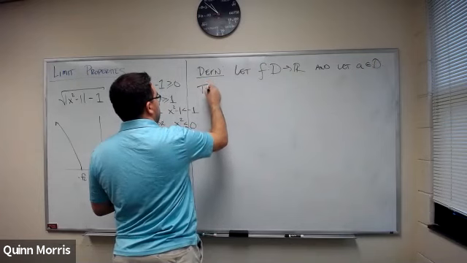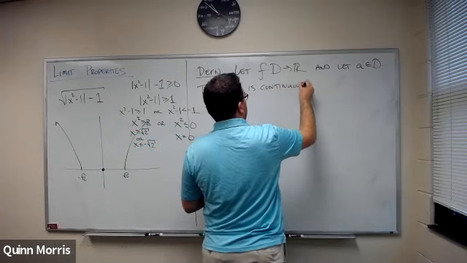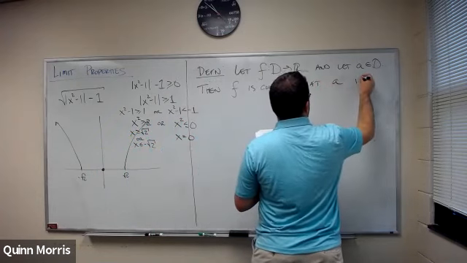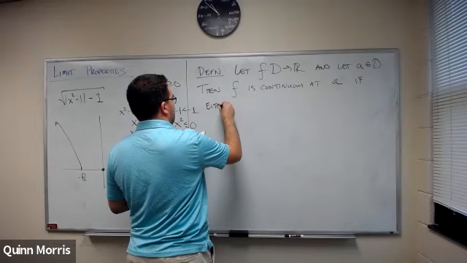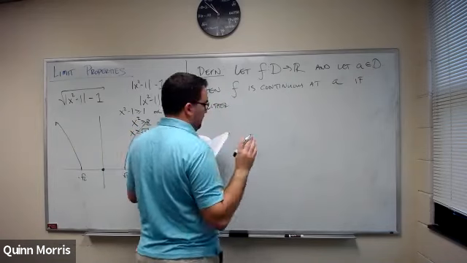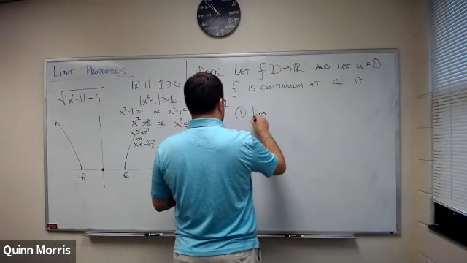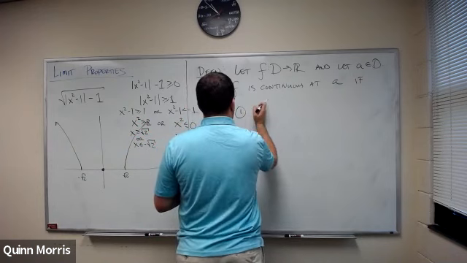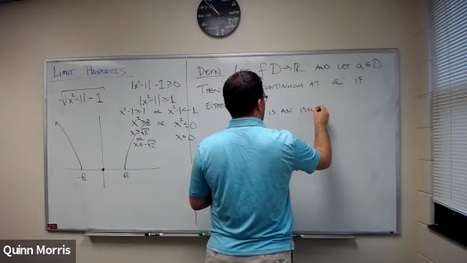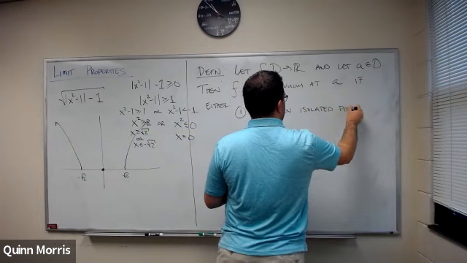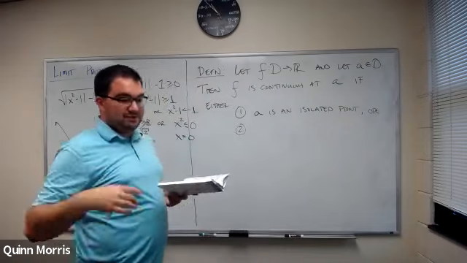Then f is continuous at A if either, I'm writing this just slightly differently than the book to emphasize something, if A is an isolated point, or two, if A is not an isolated point, then it's an accumulation point.